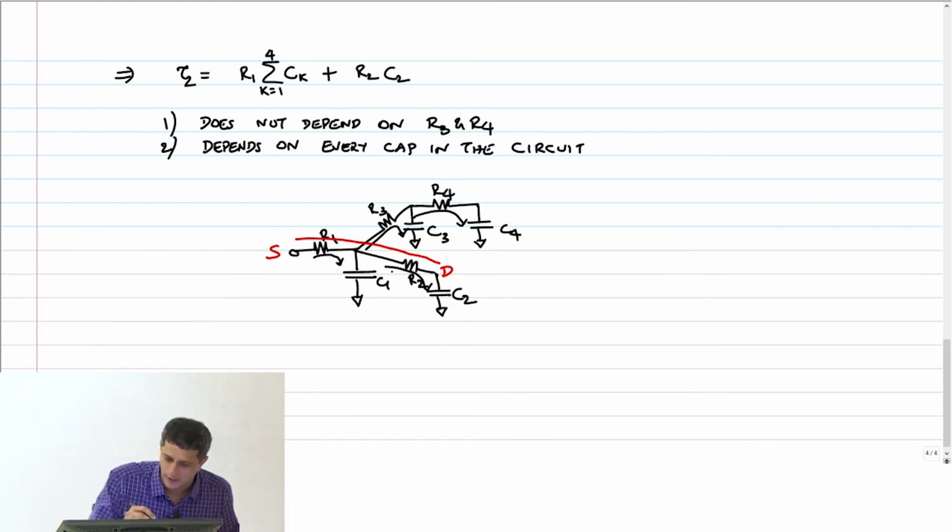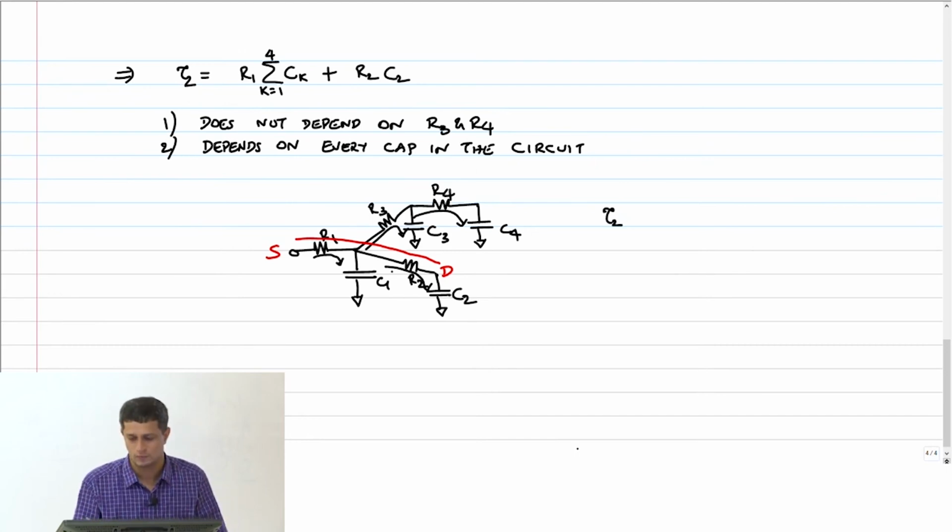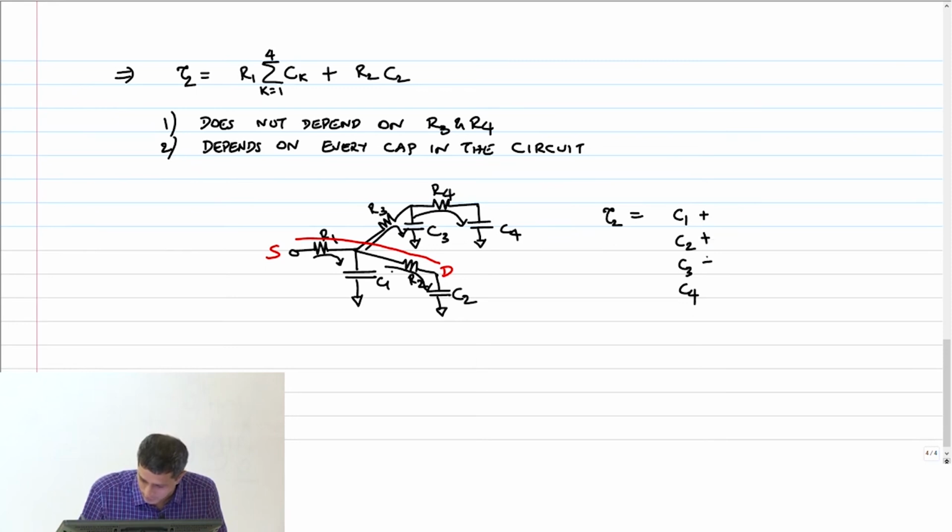So if I want to write the delay tau 2, I will write it slightly different now. The right way to use this formula, because it depends on all the capacitors, is first you put down all the capacitors in the circuit. So this is plus, plus, plus.